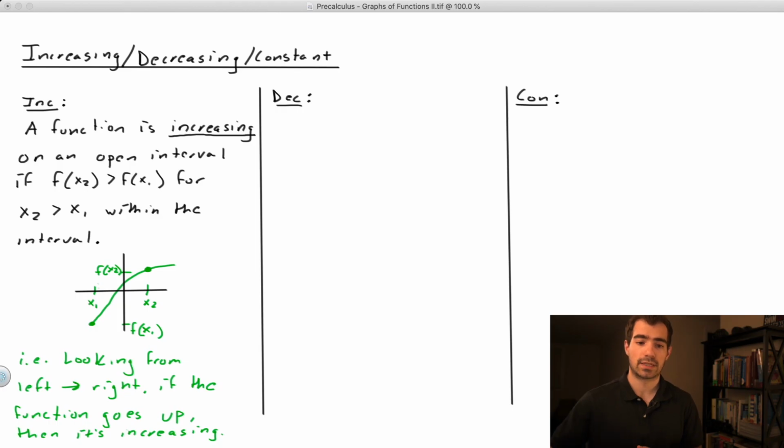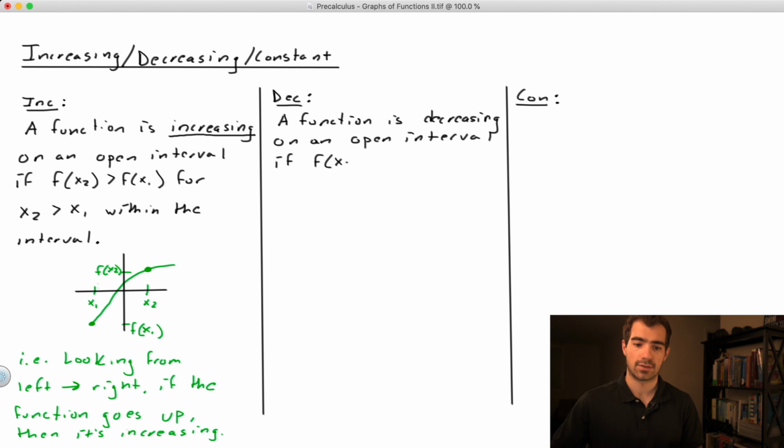And now, as you might expect, a function would be decreasing on an interval if it is doing exactly the opposite of that, if we look from left to right and the function's going down. Formally, we can say that a function is decreasing on an open interval if f of x2 is less than f of x1 whenever x2 is greater than x1 within our interval.